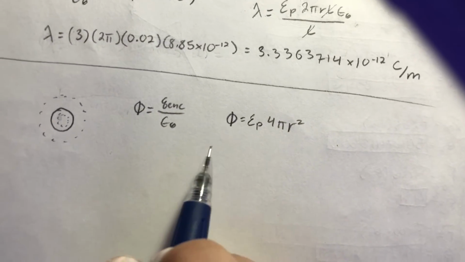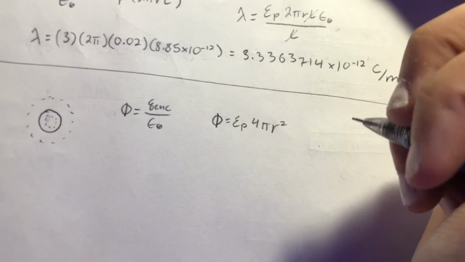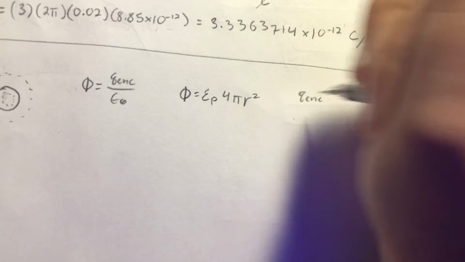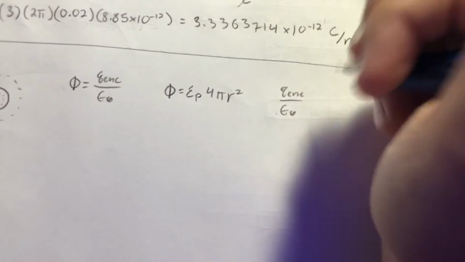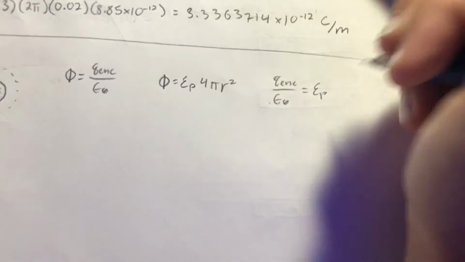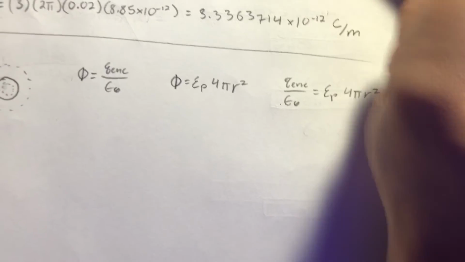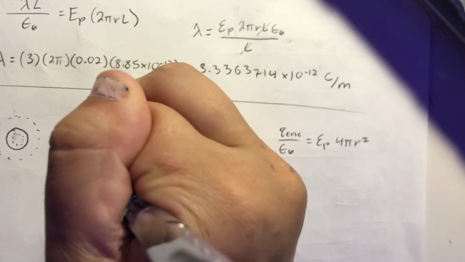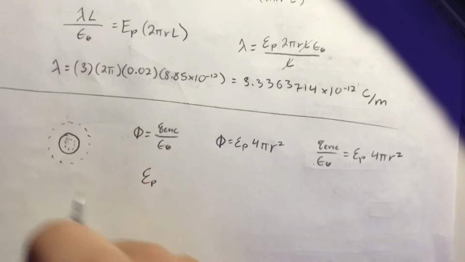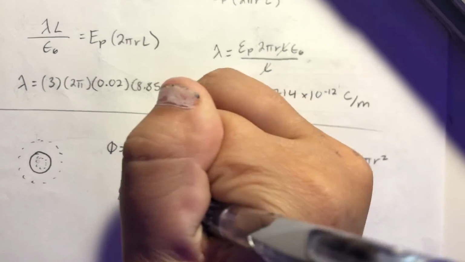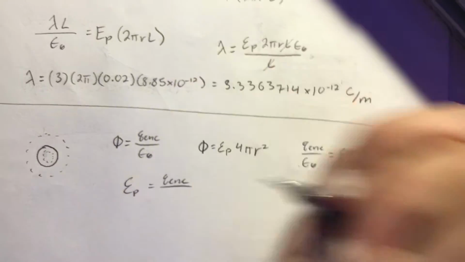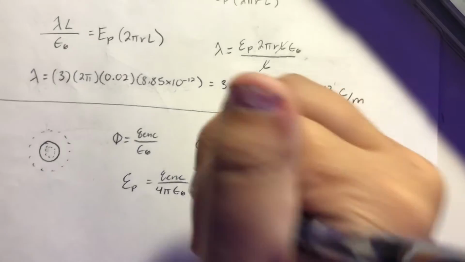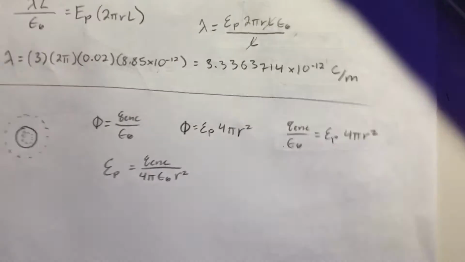Then we can set these equal to each other to get that Q enclosed over epsilon naught equals our electric field at a point times 4 pi r squared. Solving for this electric field, with our spherical symmetry, that's our Q enclosed divided by 4 pi epsilon naught r squared.